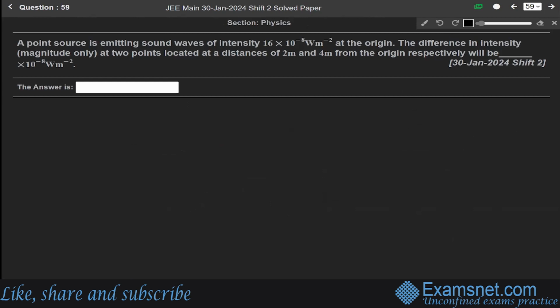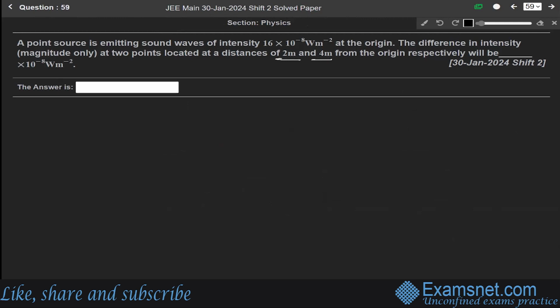Now next question 59. A point source is emitting sound waves of intensity 16 into 10 to the power minus 8 watt per meter square at the origin. The difference in intensity at 2 points located at distance of 2 meter and 4 meter from the origin respectively will be.